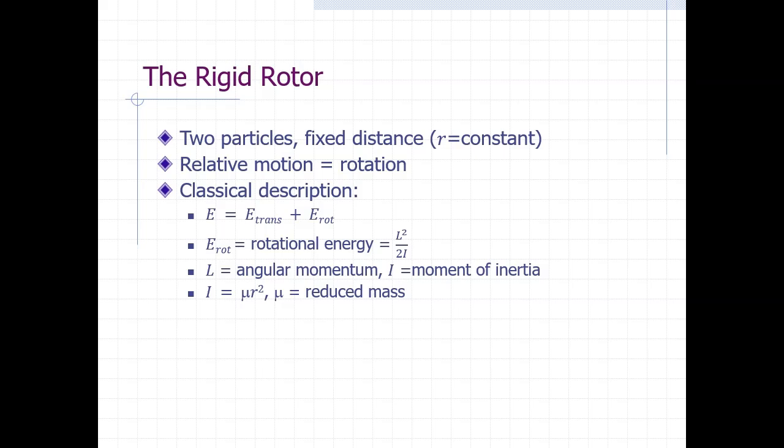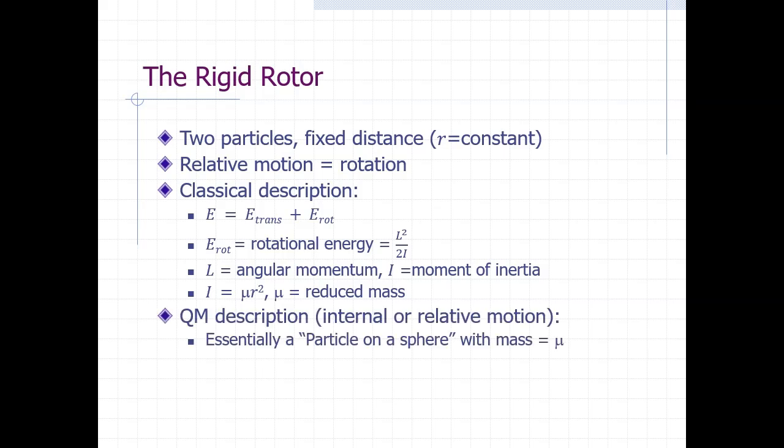The quantum mechanical description of the relative motion is essentially that of a particle on a sphere, which we explored in depth in an earlier lesson. An important difference is that our particle in this case is one with a fictitious mass equal to the reduced mass. Otherwise, everything is pretty much the same. The wave functions are spherical harmonics.